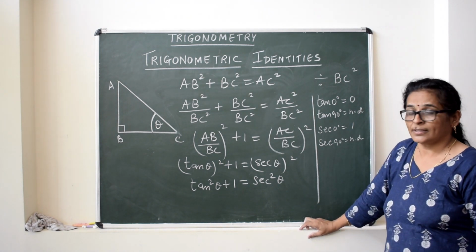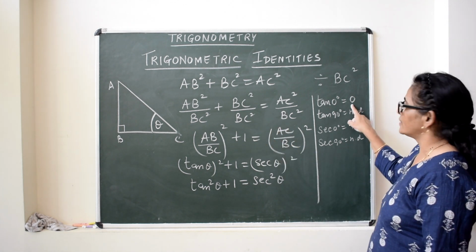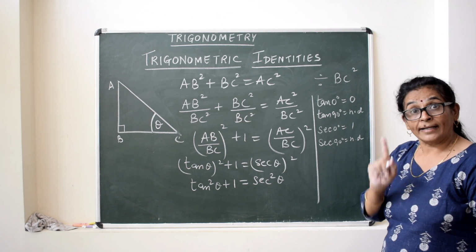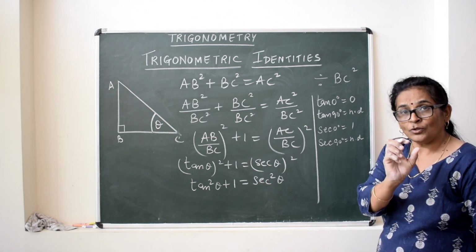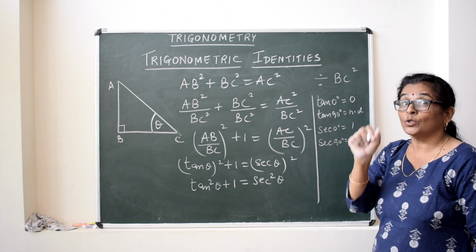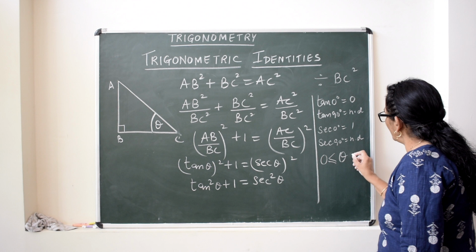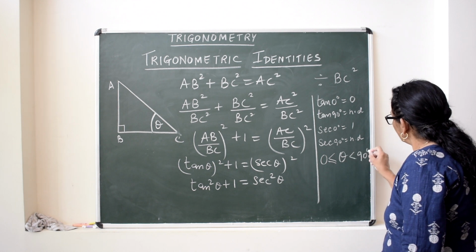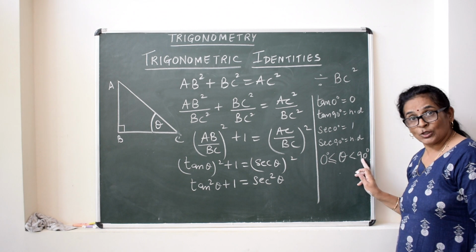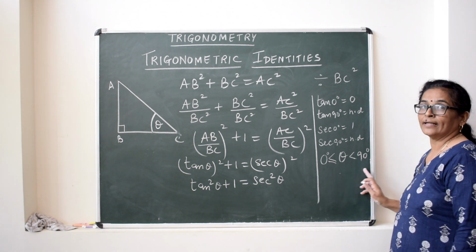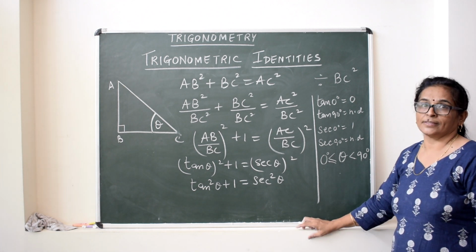It means this angle theta can be taken as 0 but not 90 degrees. Means the values will vary from 0 to 90 excluding 90. So this is true for including 0 and excluding 90, and all the angles between these two.